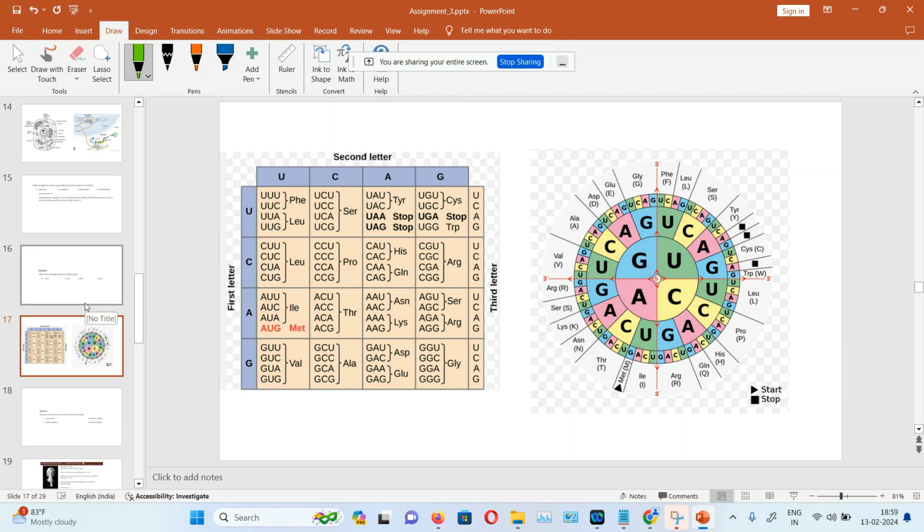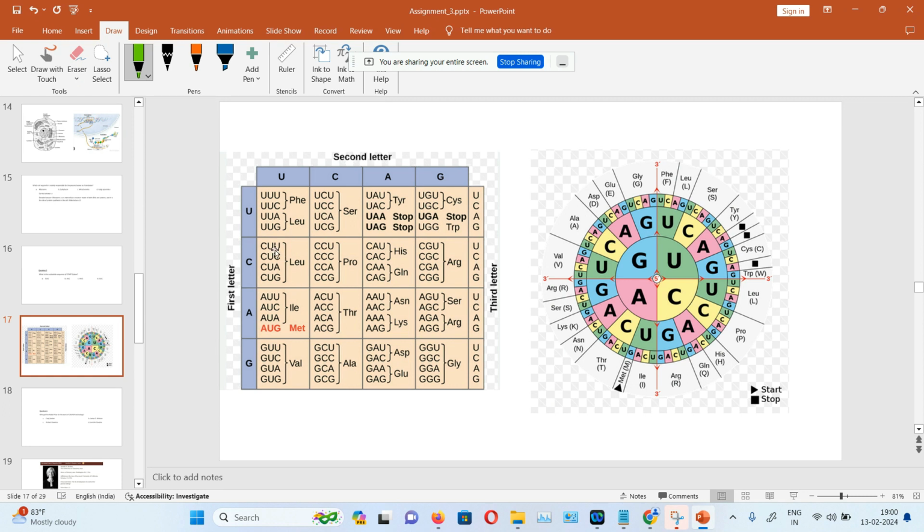You can see that different codons correspond to one particular amino acid itself. UUU and UUC code for the same amino acid, and UUA and UUG code for the same amino acid, leucine.